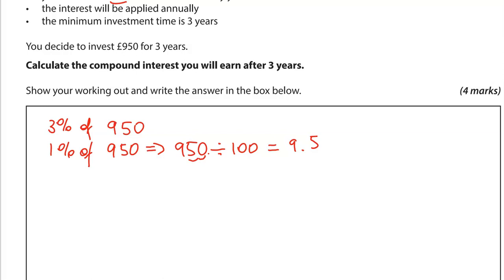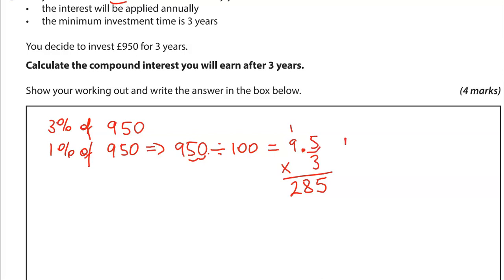So 2% will be double that. 3% will be 3 times that. So if I multiply 9.5 by 3, it should give me what 3% is worth. 3 times 5 is 15, so 5 down and 1 is carried over. 3 times 9 is 27 and the 1 is 28. Looking at the two numbers we multiplied, 9.5 has 1 decimal place.